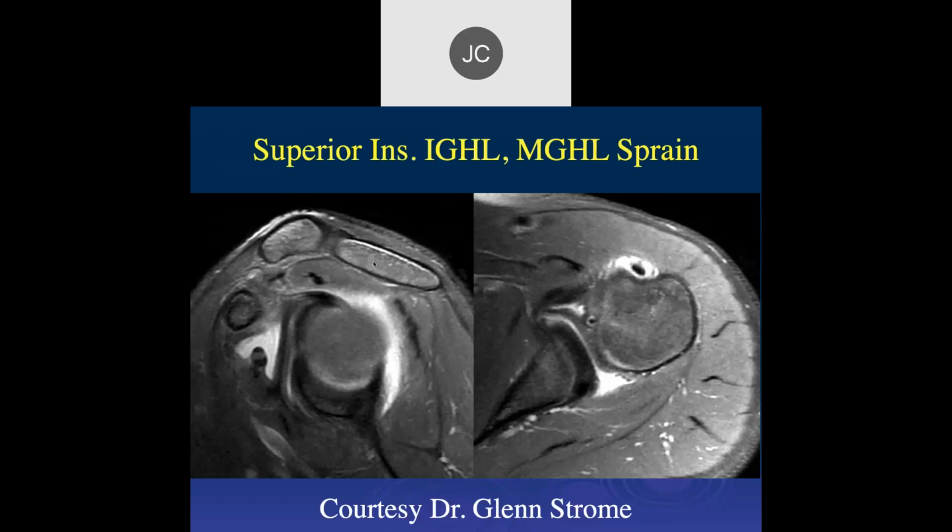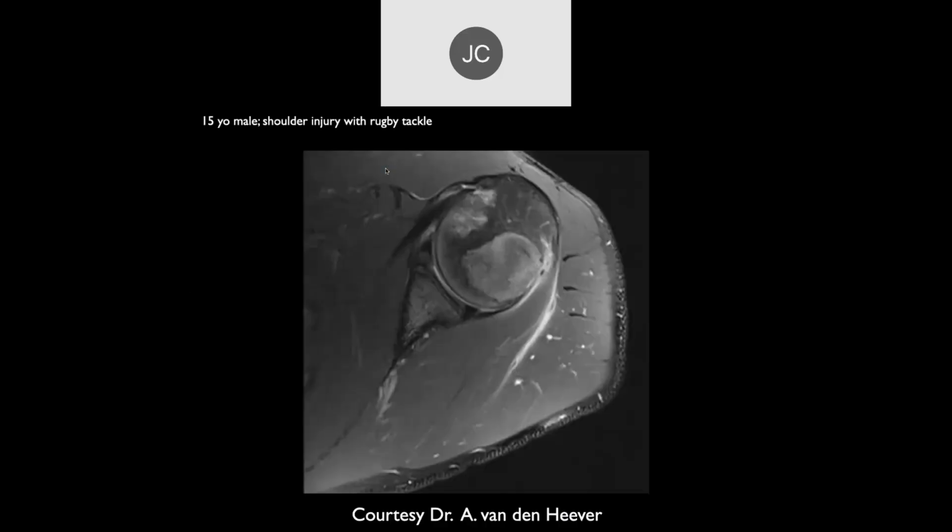And this patient ended up having sprains of the middle glenohumeral ligament and inferior glenohumeral ligament as well. And that had a superior insertion of the anterior band in that patient as well.